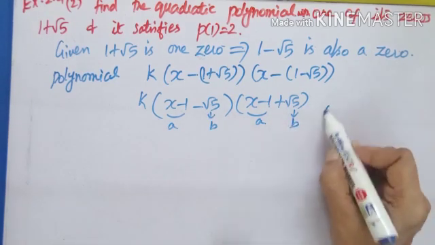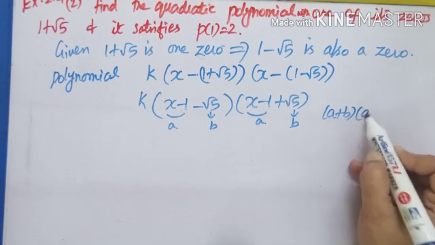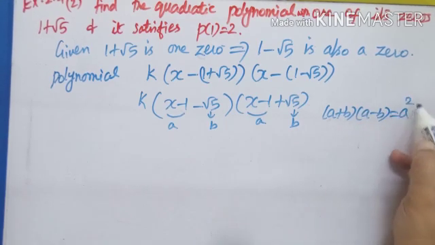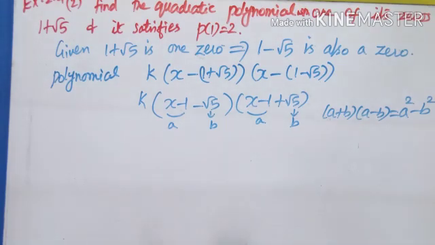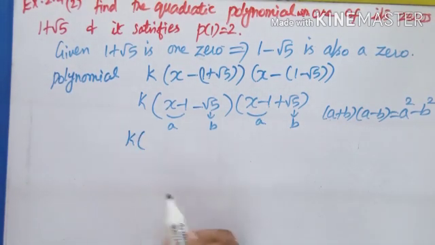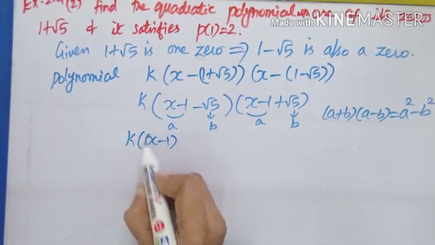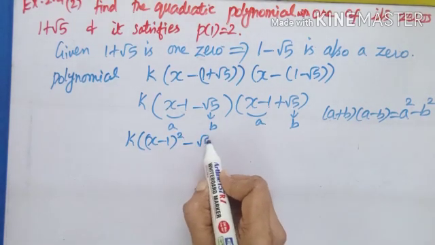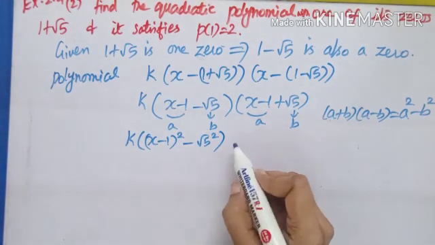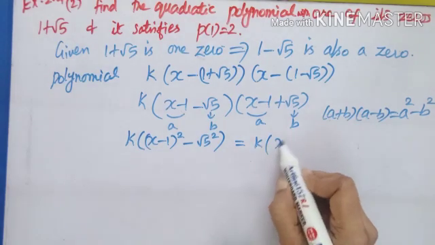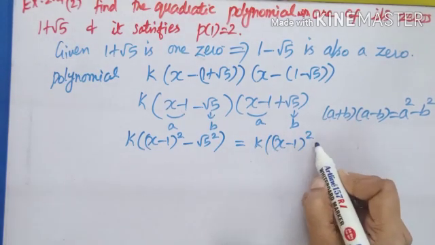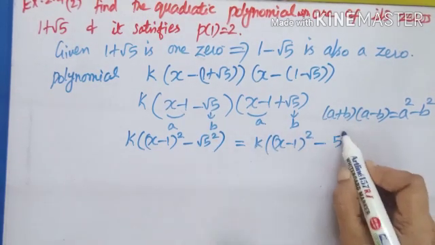What format is it? a plus b into a minus b. I can write a square minus b square. So this is k into x minus 1 the whole square minus root 5 square, which I can simplify as k into x minus 1 the whole square minus 5, since root 5 square is 5.